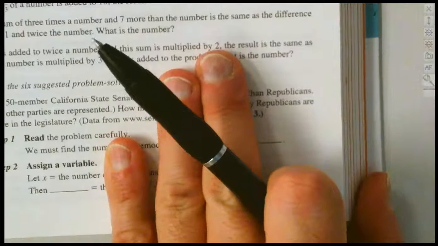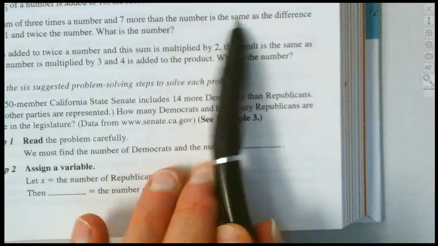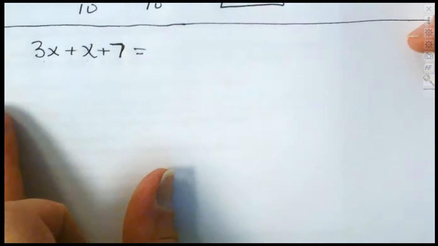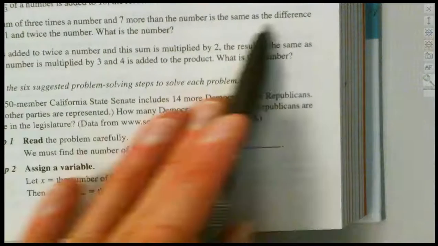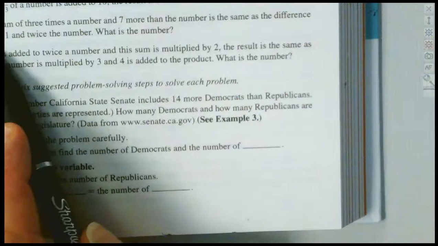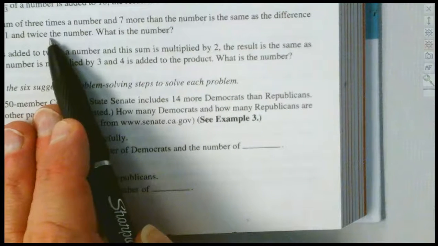Okay. Is the same as. So is the same as, what does that mean? Equals. Okay. And that's going to be the equal sign here. Okay, so there's that piece. And what is it going to equal? Well, let's see. Is the same as the difference of negative 11 and twice the number.